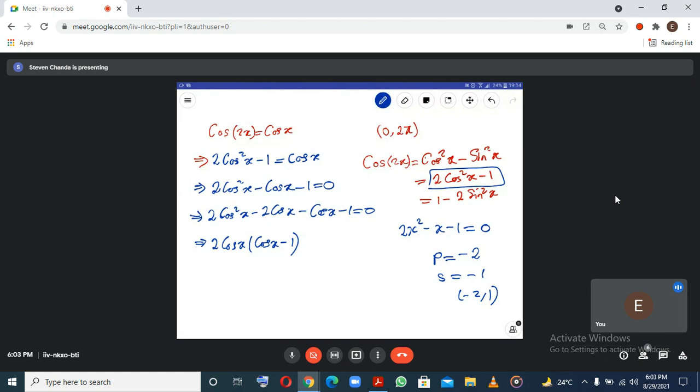Oh, sorry, I've made a mistake. It has to be a positive here, right? Yeah, okay, great. So here we're going to get +1. Okay, so let's just rub this on this side. So you're going to have cos x - 1. Then you just equate either. Okay, so we just do that.